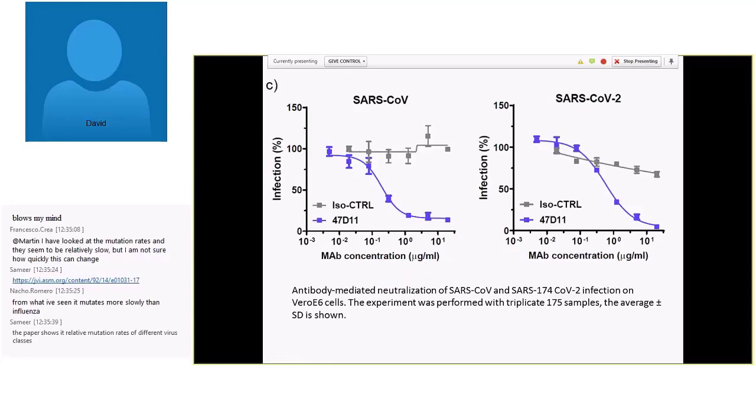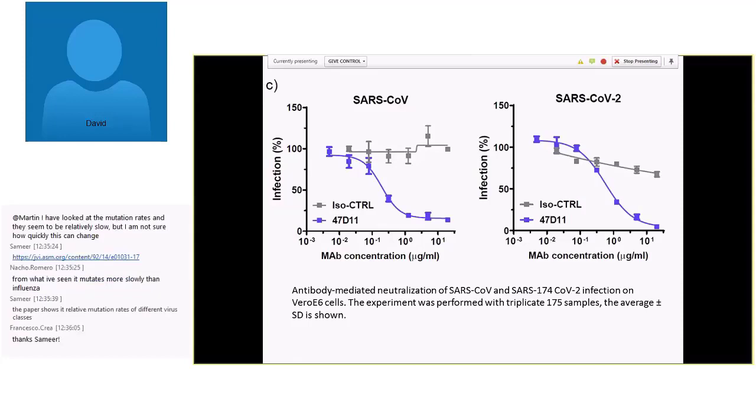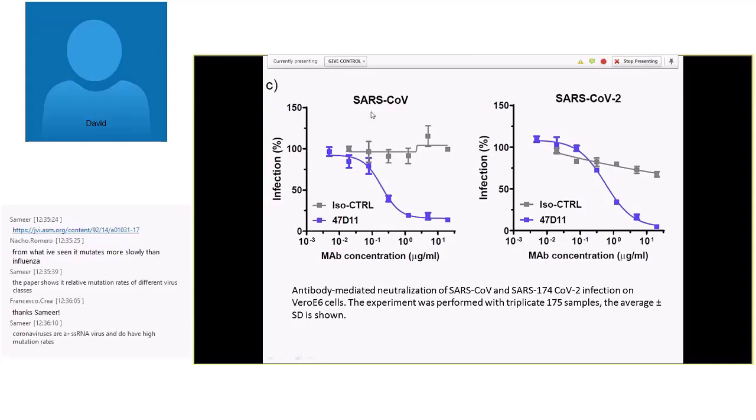Now, the most important thing on this is they looked for the ability of the antibody at different concentrations, so you've got a concentration curve along the bottom, to interfere with the infectivity of cells. There were Vero cells again, infected either with the original SARS virus, SARS-CoV, or the current one that we're concerned about, SARS-CoV-2.